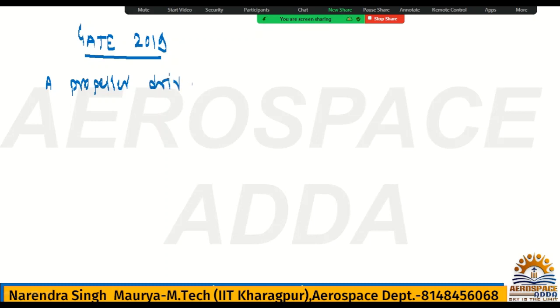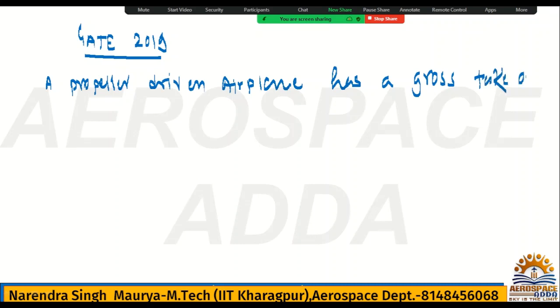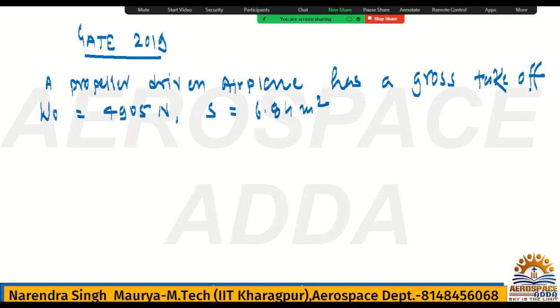A propeller driven airplane has gross takeoff weight. Gross takeoff means initial weight. Takeoff weight of a small aircraft. Okay. Wing area, how much? 6.84. It's a very small aircraft, no? Little square.